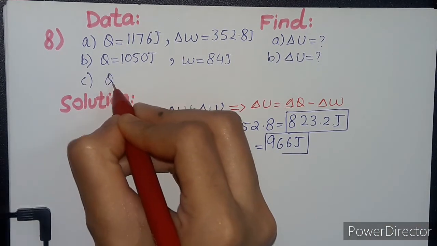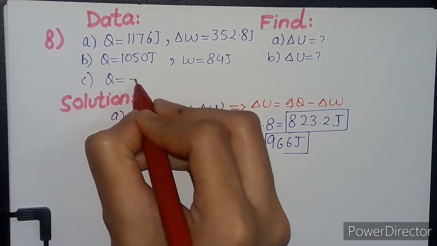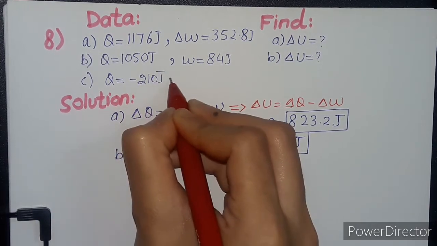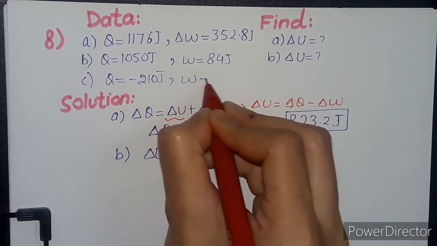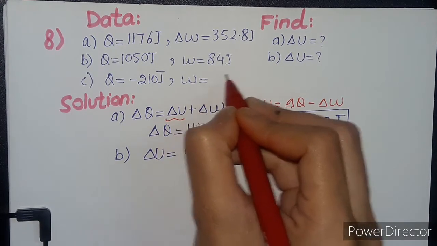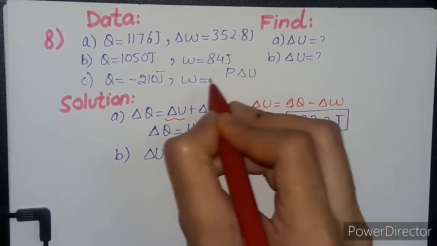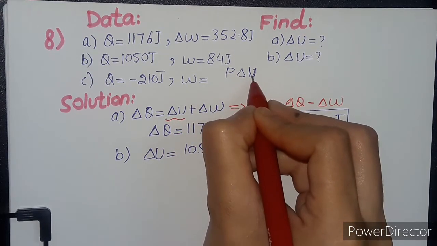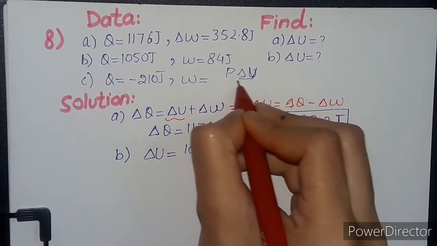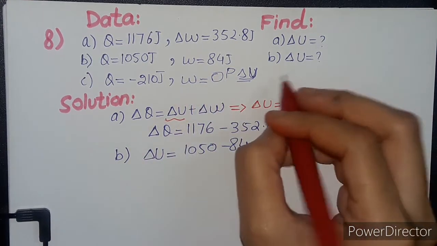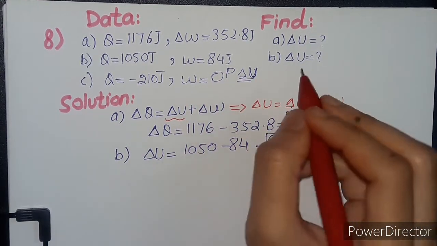Heat, which is minus 10 joule, and we are given the work done at constant volume. At constant volume, P del V, volume is constant, means this work done is 0.